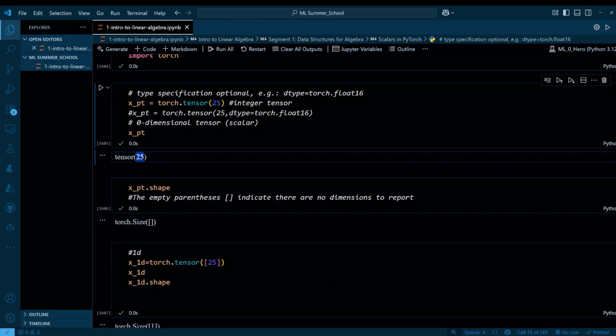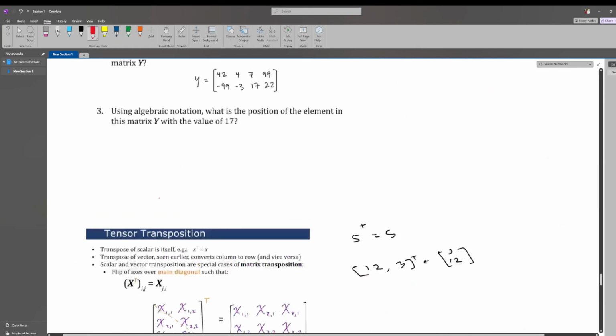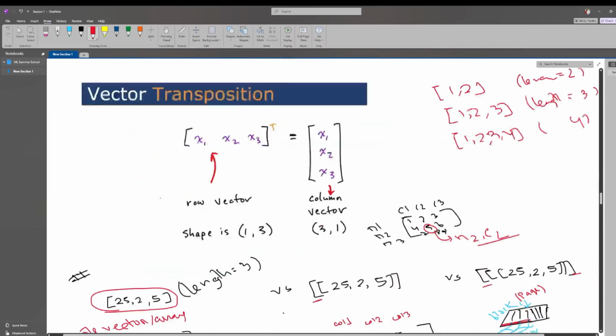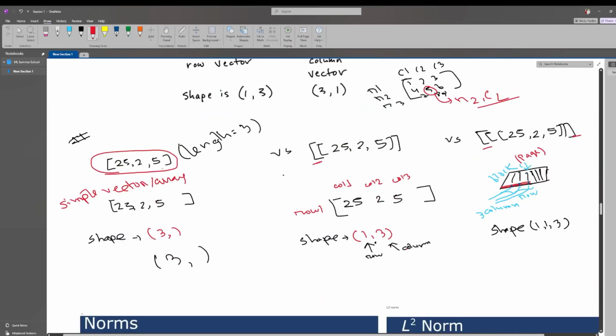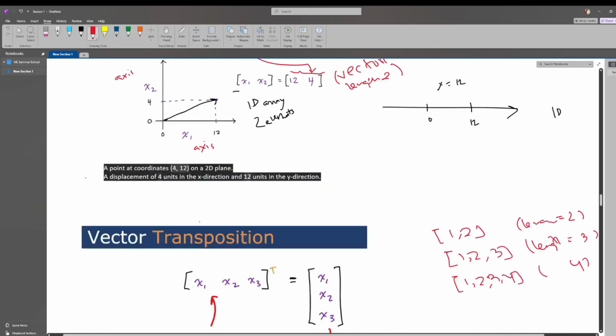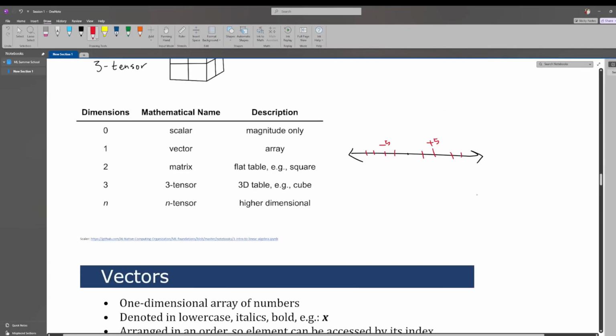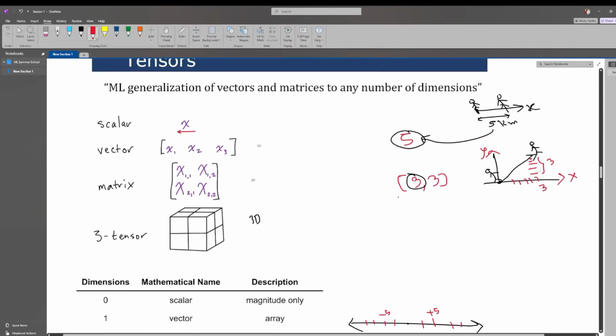Interestingly, I have mentioned the shape of other things, but I haven't mentioned the shape of this one. We'll learn how to find the shape. X is a scalar value.